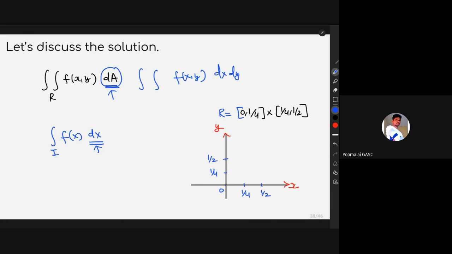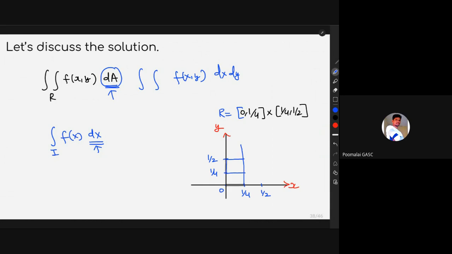Now on the x-axis I have the interval 0 to 1 over 4, which is this, and on the y-axis I have 1 over 4 to 1 over 2, which is this. And if I consider their multiplication, what will that region be? That region will be this part.